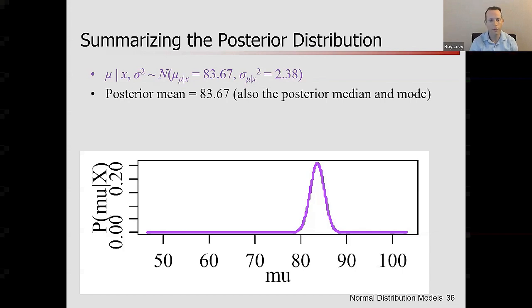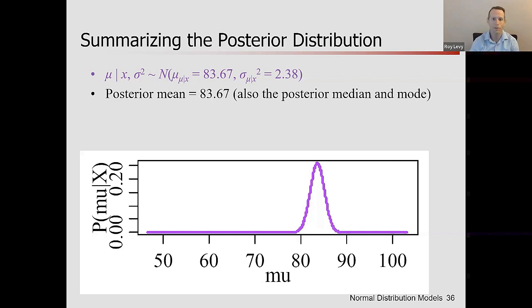Okay, well, I know how to summarize distributions. I've been doing that since Stats 101. If I have a normal distribution with a particular mean and variance, I can summarize that by giving you the mean. The posterior mean is a measure of central tendency. Because the distribution is normal, it's also the median and mode.